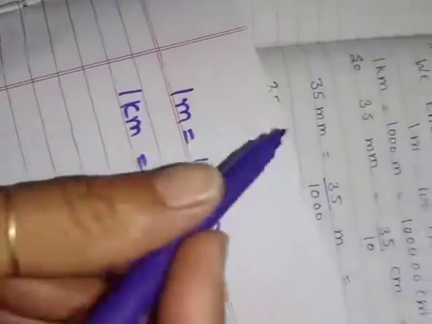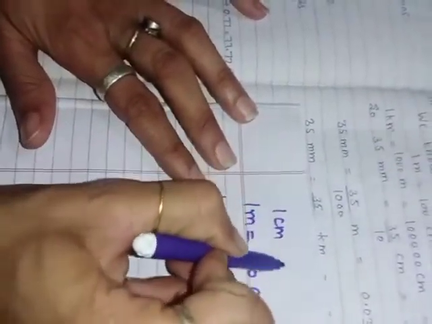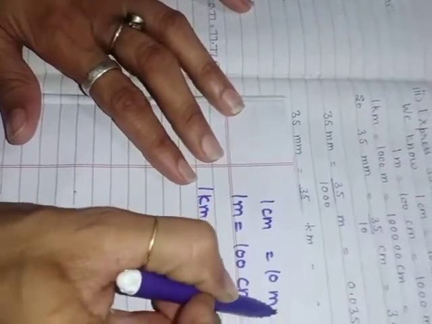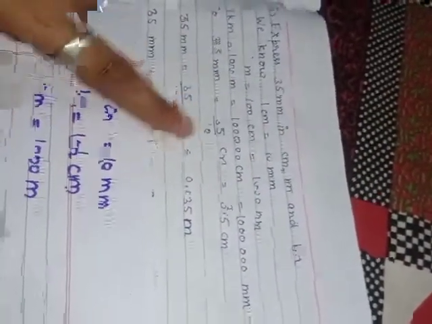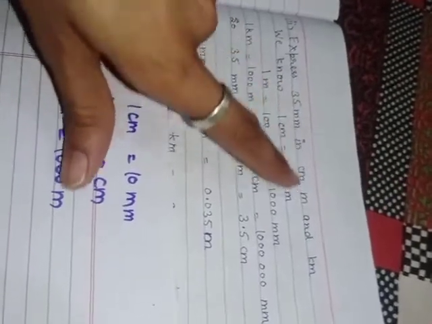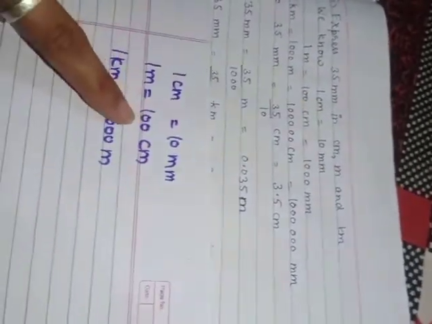Then next is express 35 millimeter in centimeter, meter and kilometer. Then 1 centimeter is equal to 10 millimeter. This term also keep in mind. Then when you change this into a centimeter, divide by the 10. Same when you are changing this into a meter.